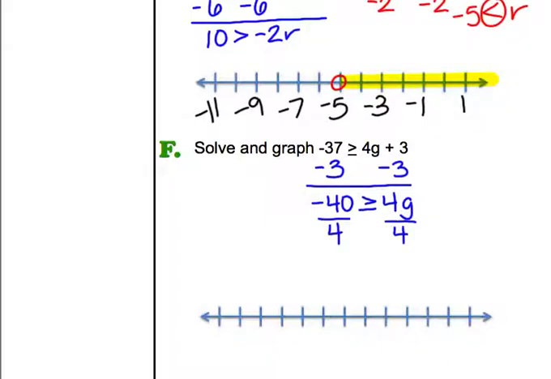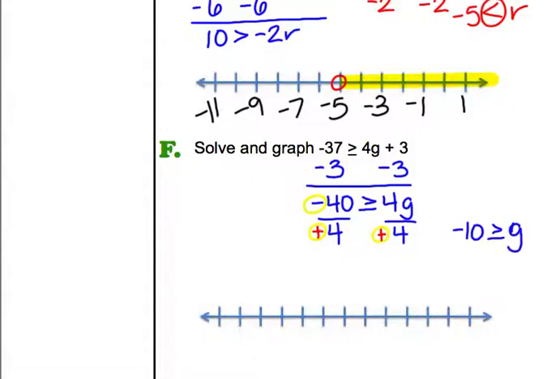A lot of you see this negative right here and say, ooh, I've got to flip the sign. Here we're not going to flip the sign, because we're looking at the sign of what we're dividing by, and the 4 is positive. Because the 4 is positive, we're not going to flip the sign, which means we end up with negative 10 is greater than or equal to g.